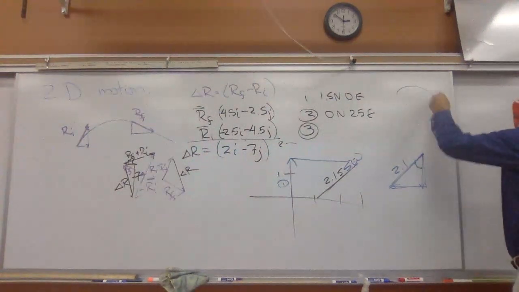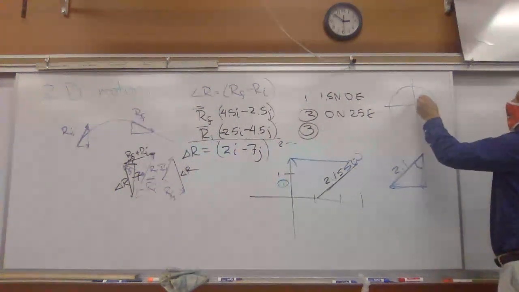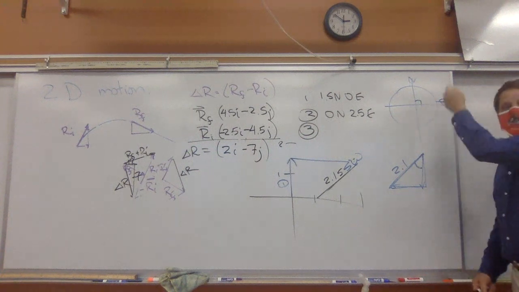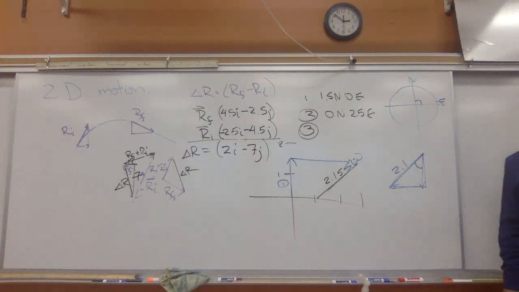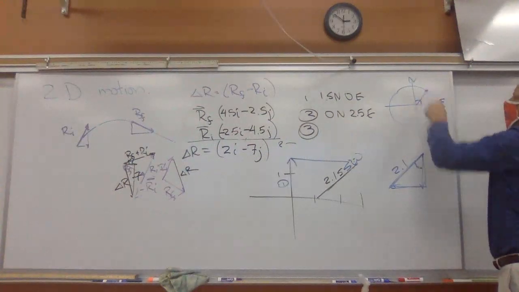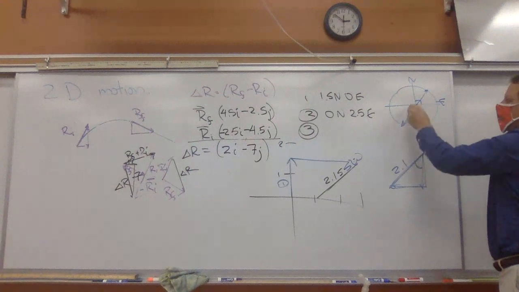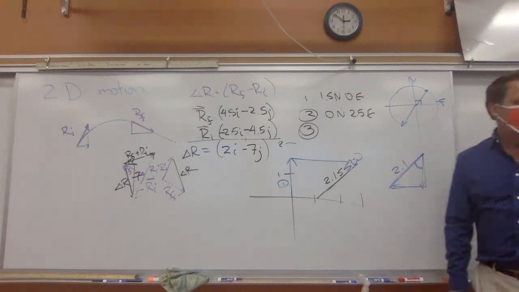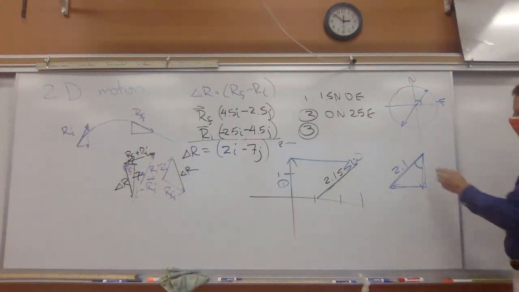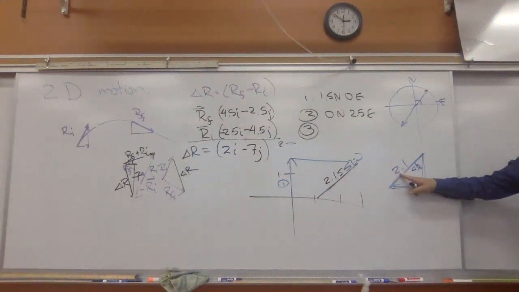Because if we think about a compass, north is here, east is here. That's going to be a right angle, and if we go halfway, northeast or southwest, that is going to bisect that 90-degree angle. So this is 45.